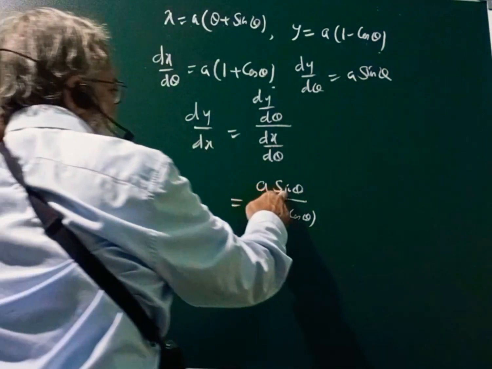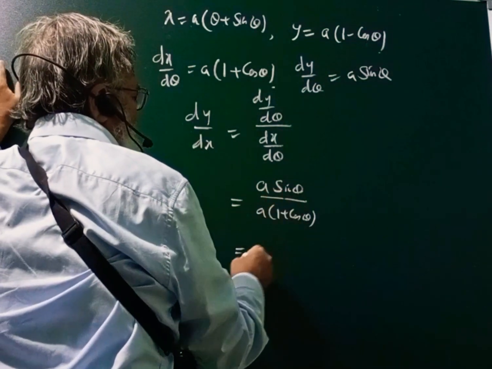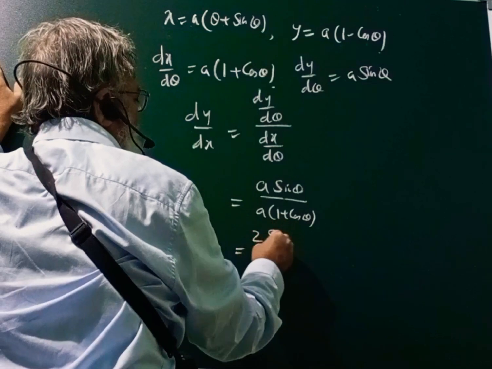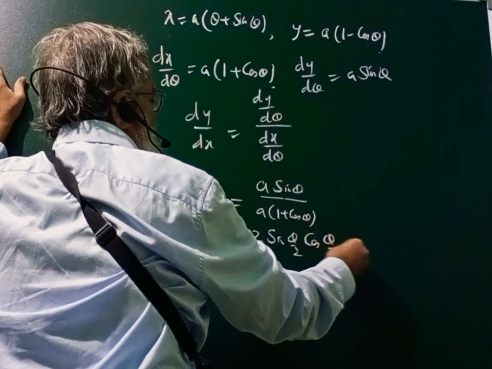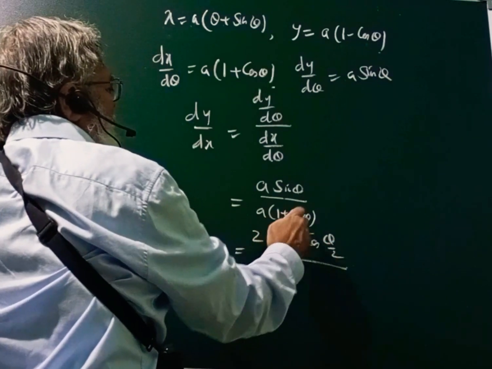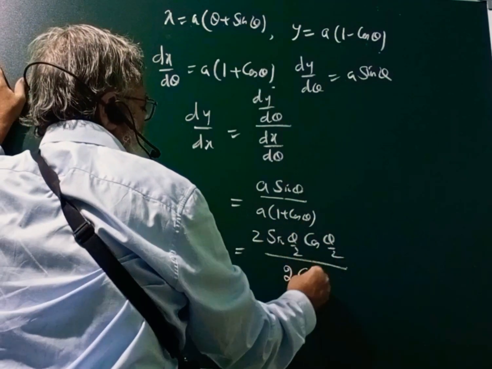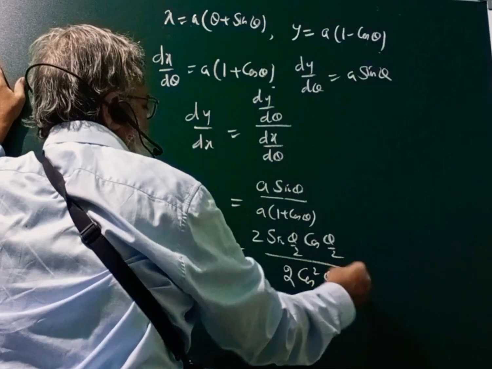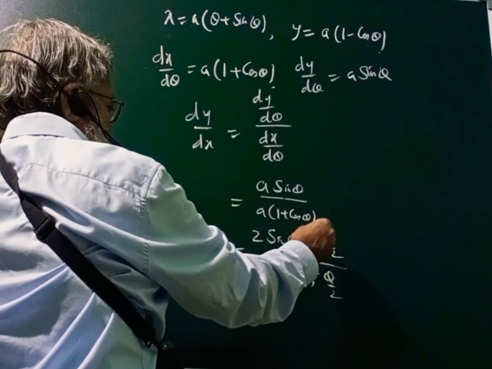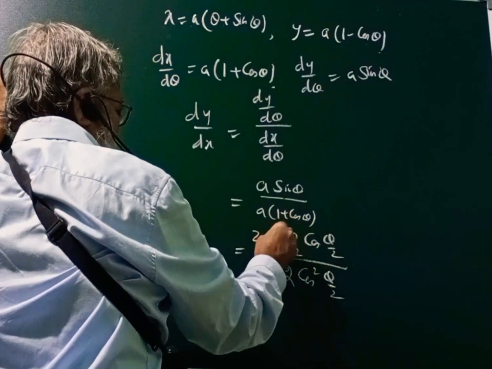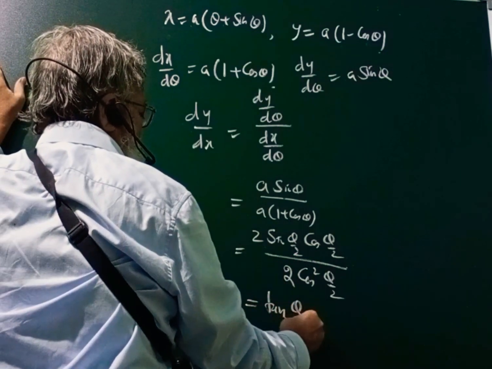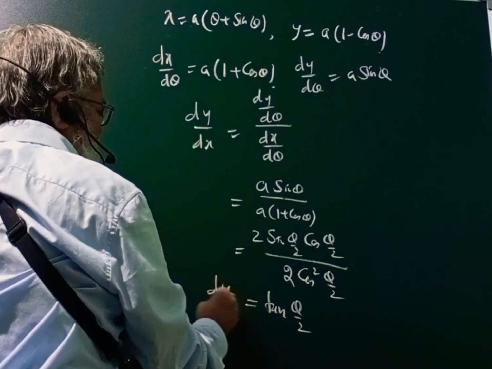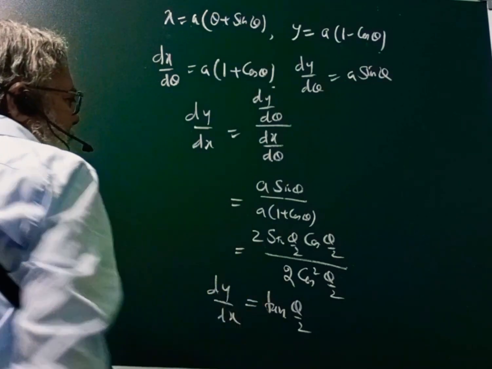That is, sine theta in terms of half angle can be written as 2 sine theta by 2 into cos theta by 2. And 1 plus cos theta can be written as 2 cos square theta by 2. 2 cancels with 2, 1 cos cancels with 1 cos. What remains is sine by cos. That is, tan theta by 2 is the value of dy by dx.